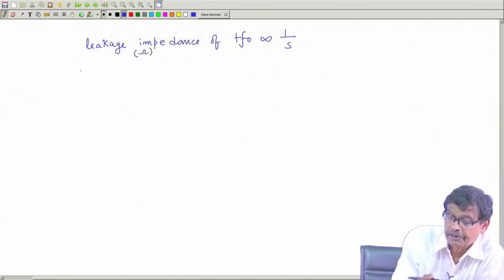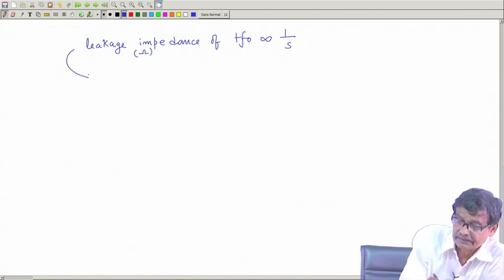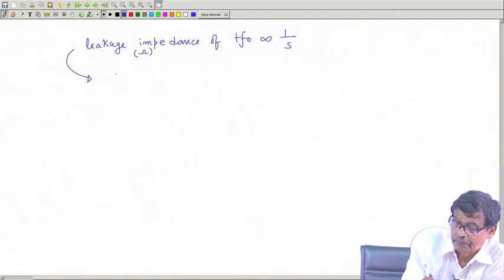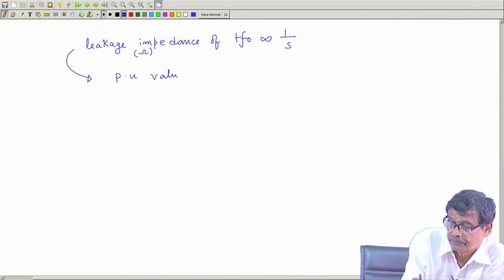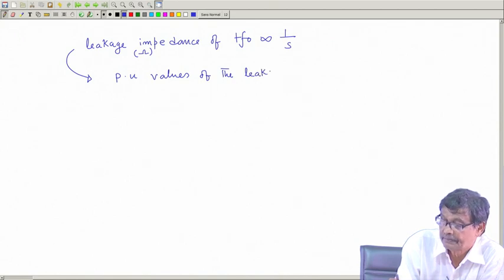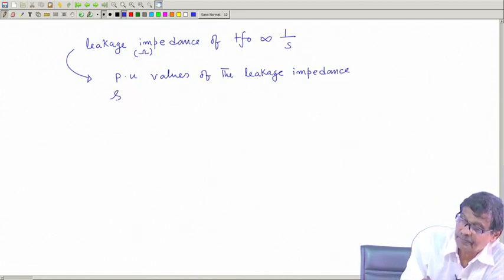The same statement is told in this way, that the per unit values of the leakage impedance should be the same.